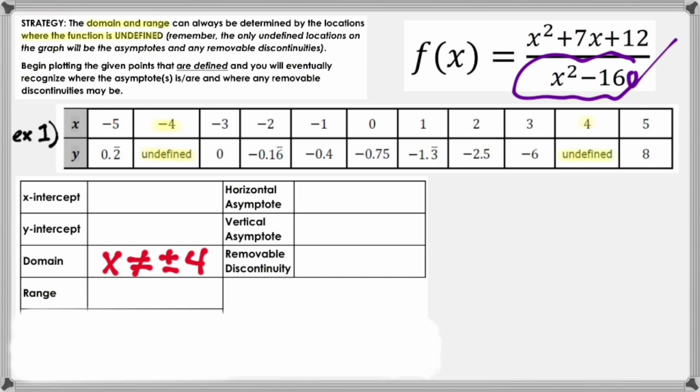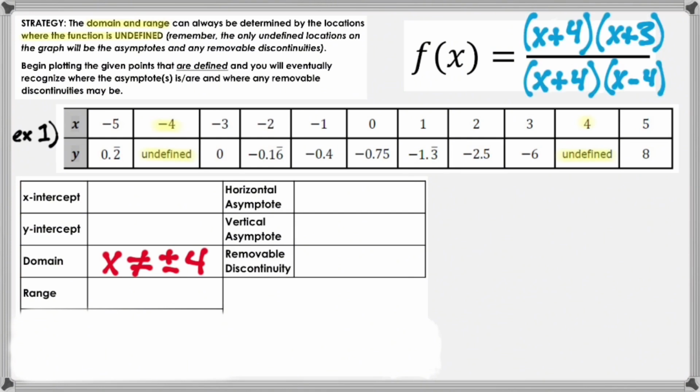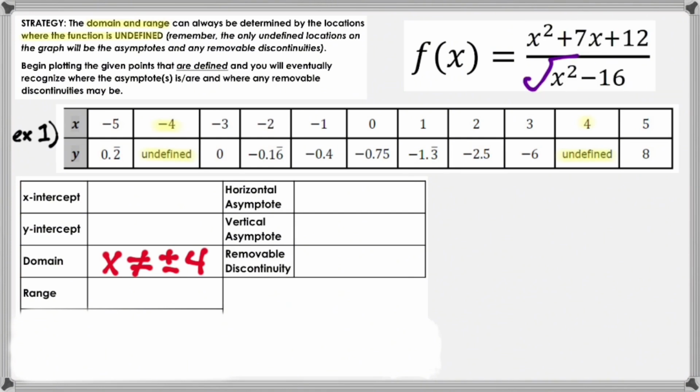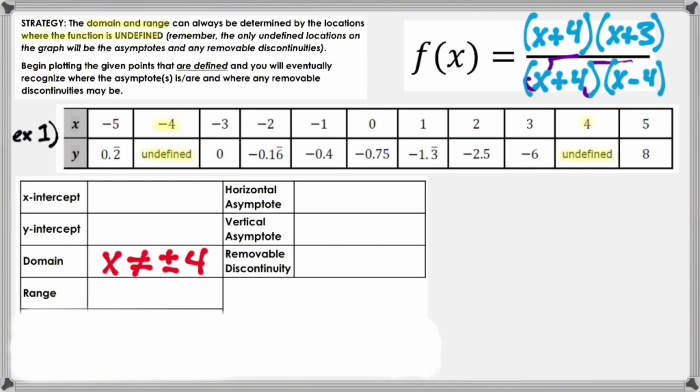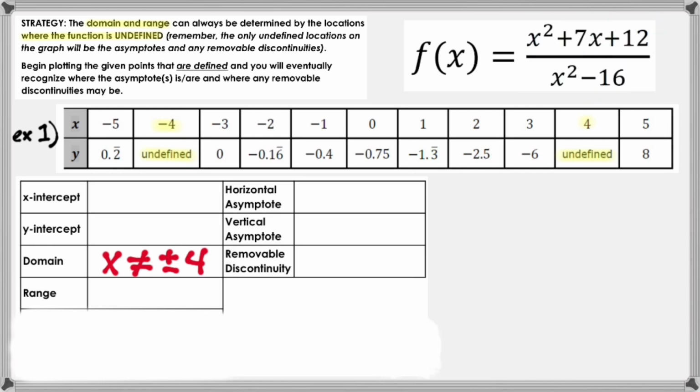And when you factor the difference of squares, your answer will always be a pair of conjugates just by taking the square roots of your first and last term. So the square root of x squared is x. The square root of 16 is 4. So that's why you see the plus and minus 4 right there. And let me just get rid of those stray marks that I just put there.